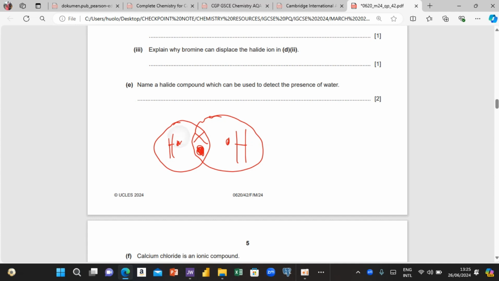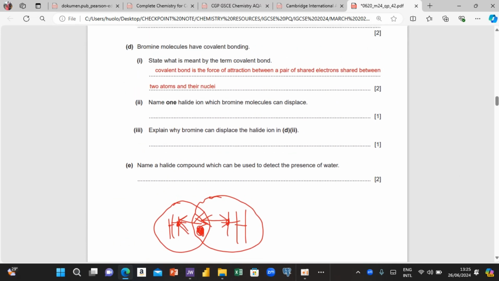So the proton here is positive, the proton here is positive. So there is a force of attraction holding the shared electrons and the nucleus. Force of attraction between the shared electrons and the nuclei. That's the covalent bond.